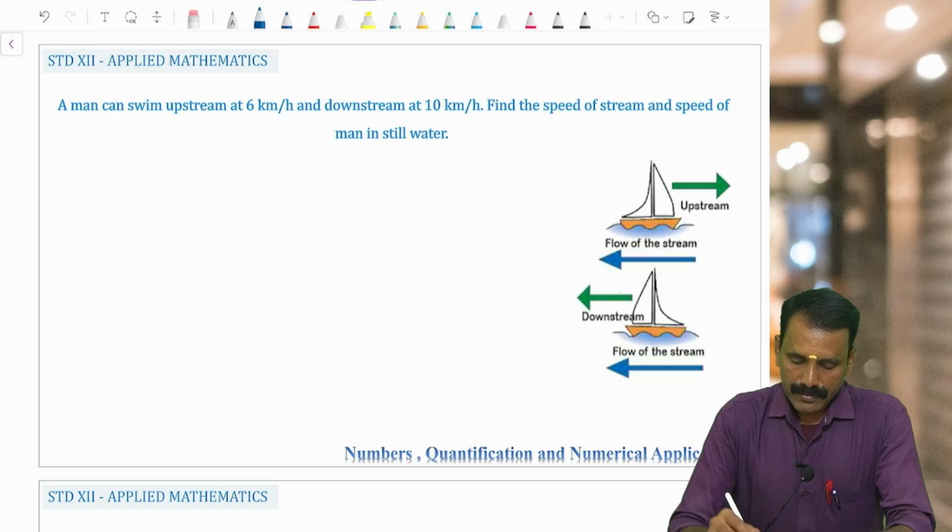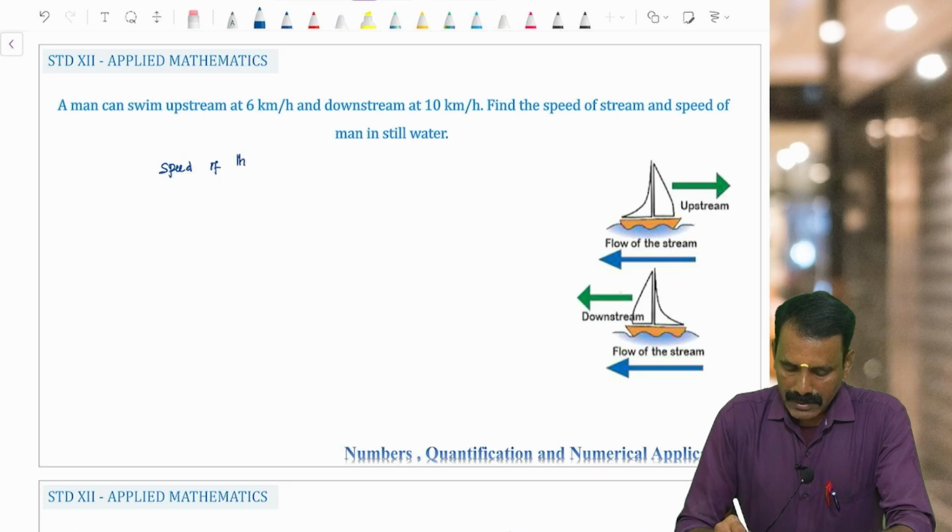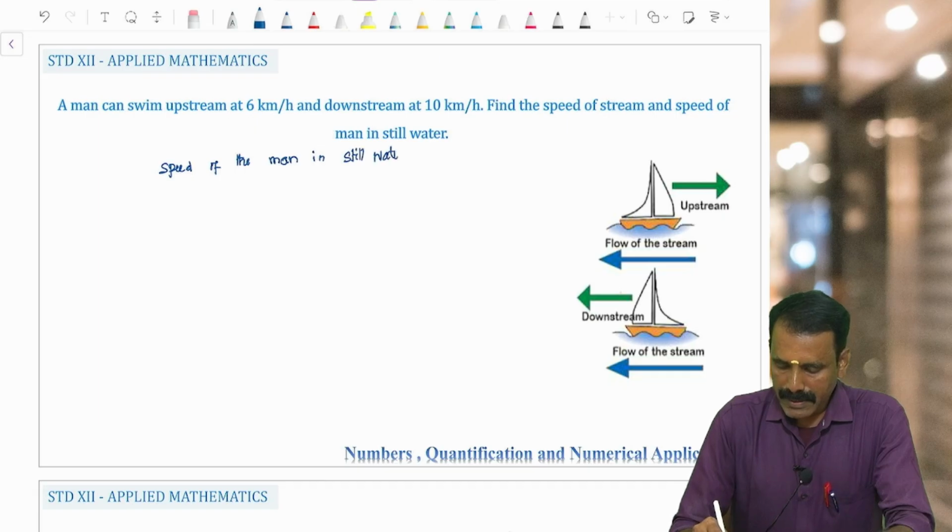Okay. We assume the speed of the man in still water. Because it is the speed, it is taken as x km per hour.